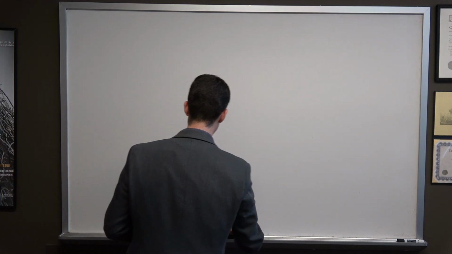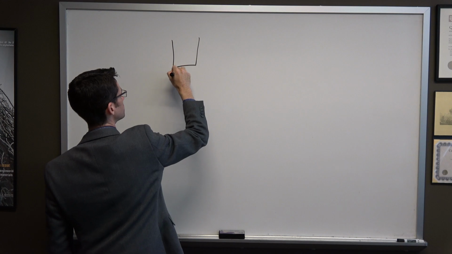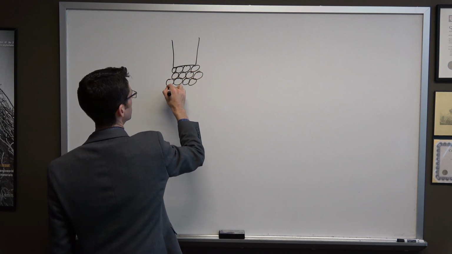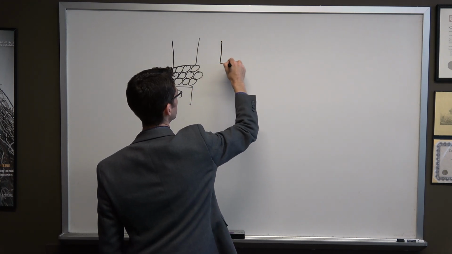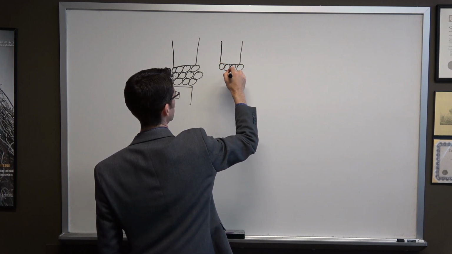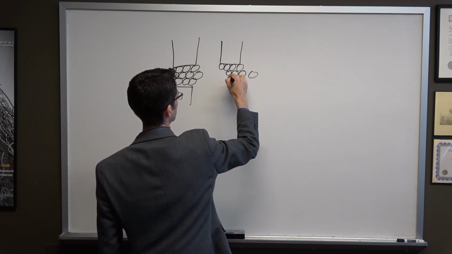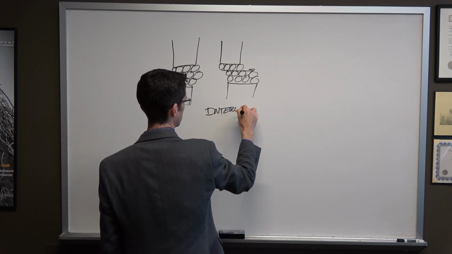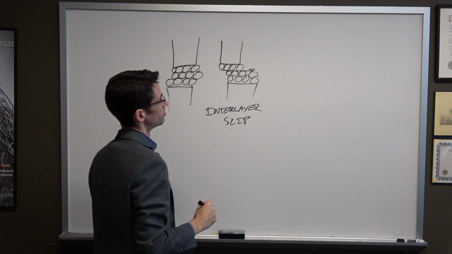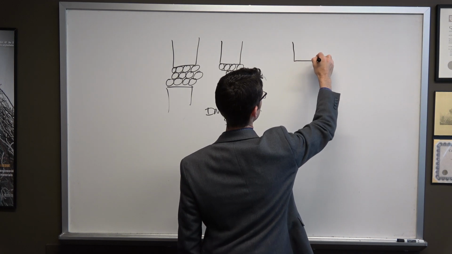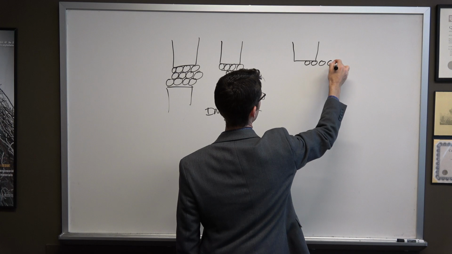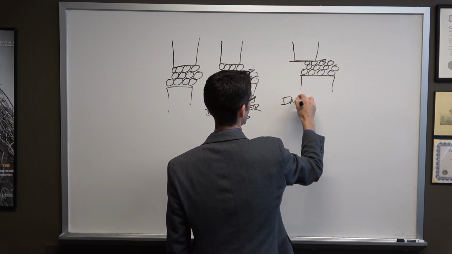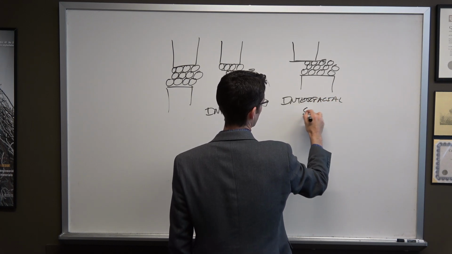This is not something you should worry too much about, but just by way of example, if you have two surfaces like this and you slip, this might be called interlayer slip because it's layers between the solvent, whereas this would be interfacial slip.